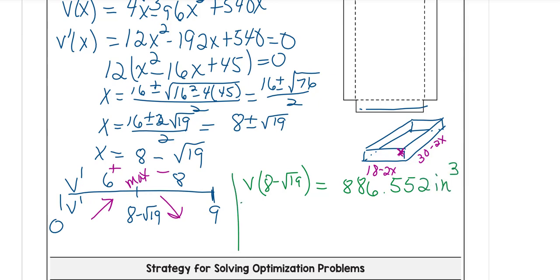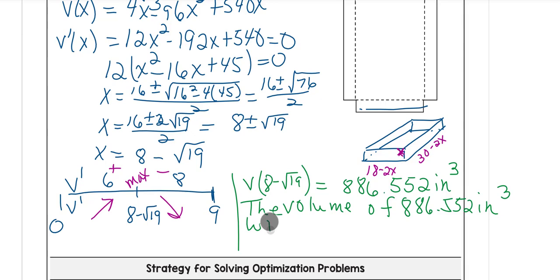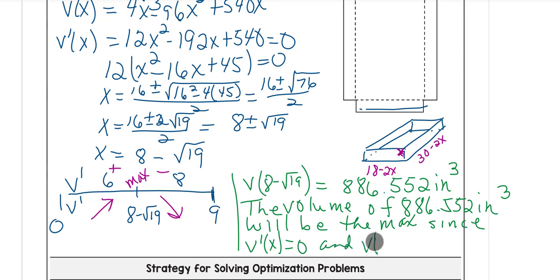So my answer is going to be the volume of 886.552 cubic inches will be the maximum since, and again I'm going to write v prime of x equals 0 and v prime changes signs from positive to negative.